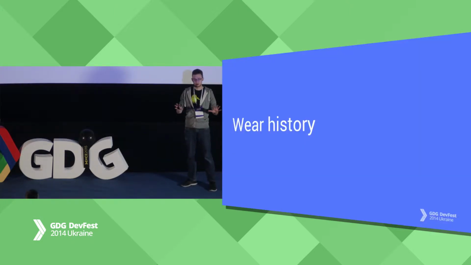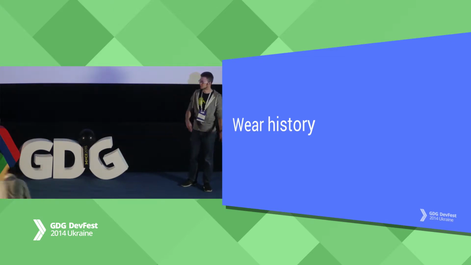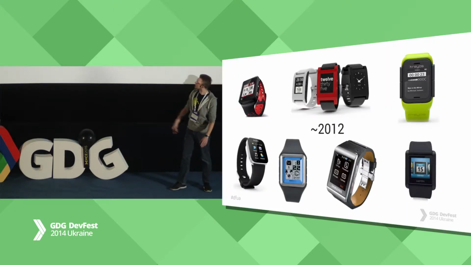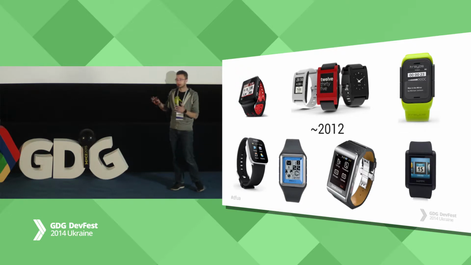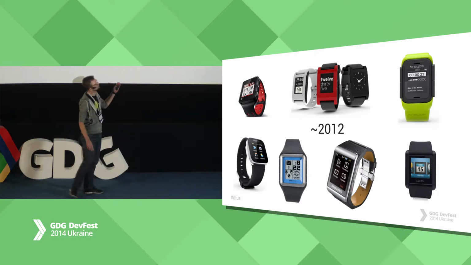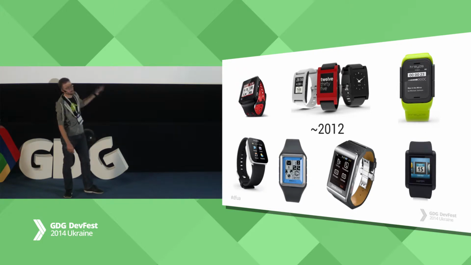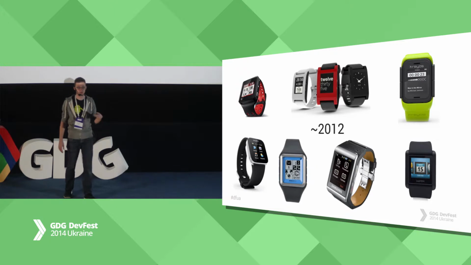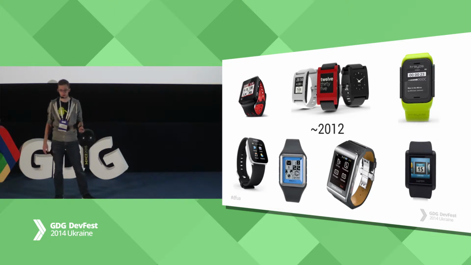Okay, so a small bit about Android Wear history, because some of you might have skipped the previous presentation from Wojtek. Go back in time two years ago, to 2012, there was a bunch of smartwatches. They are very different from each other. Even the smartwatches from the same manufacturer were quite different.